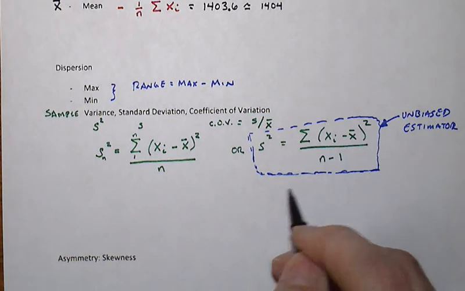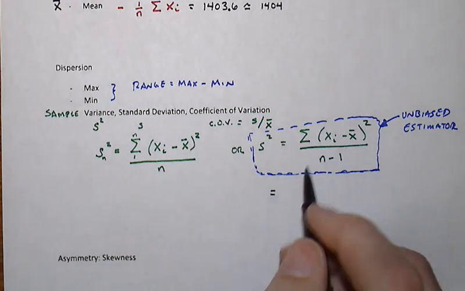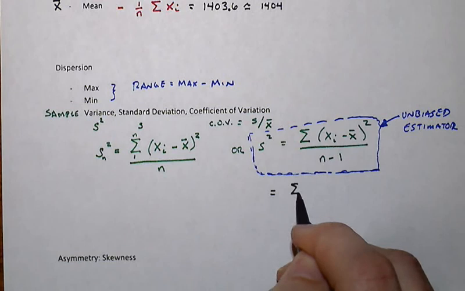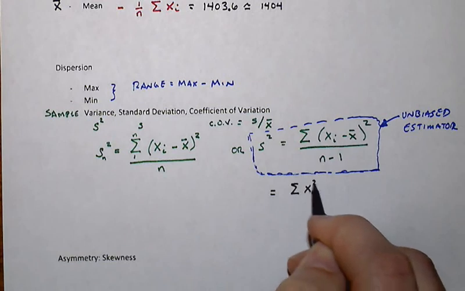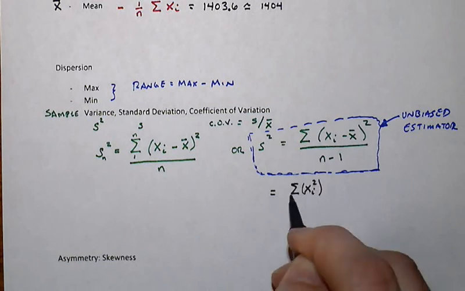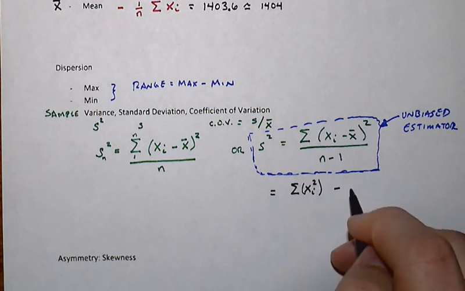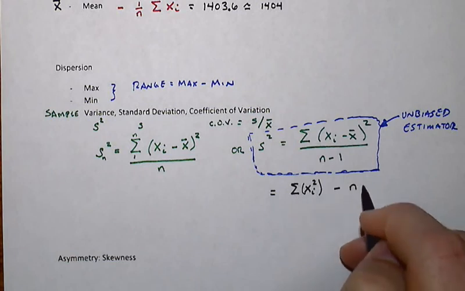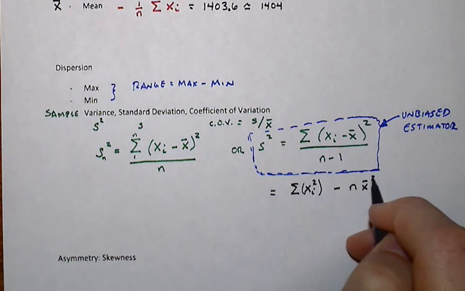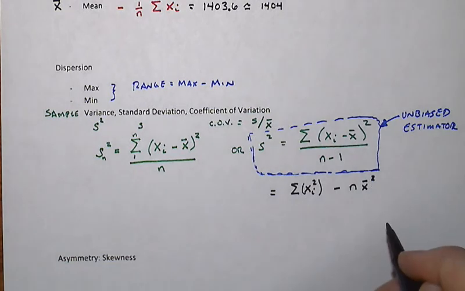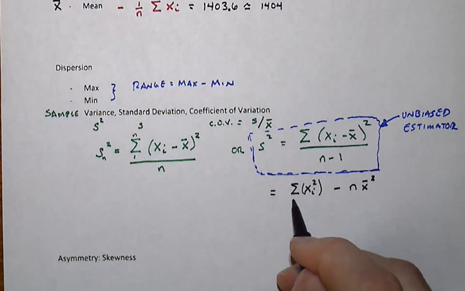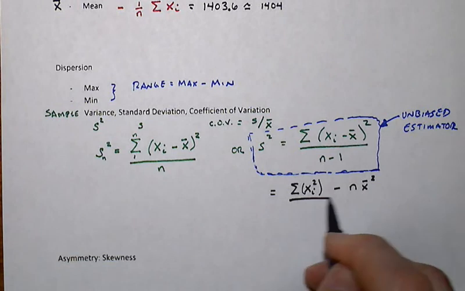We can show that this will turn out to be the sum of the xi squared, that's the only term in this particular summation, minus n times the square of x bar. That's the numerator, all broken apart. And then you'll divide by n minus 1.